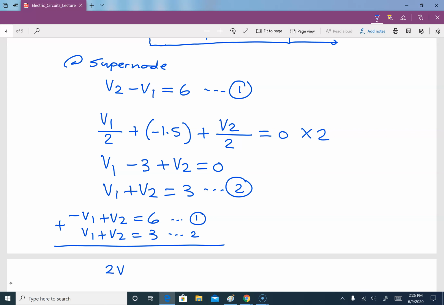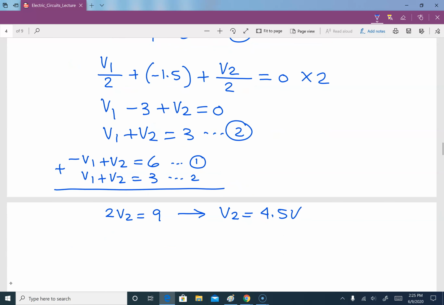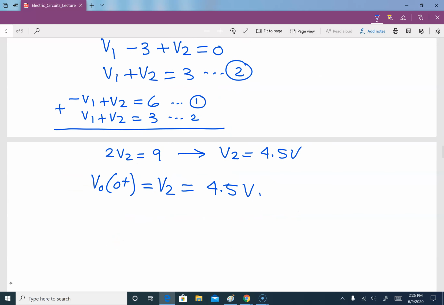Then we will have 2V2 is equal to 9. And from that, our V2 is equal to 4.5 volts. And from our circuit over here, our V0 of 0 plus is equal to V2. And that is equal to 4.5 volts.